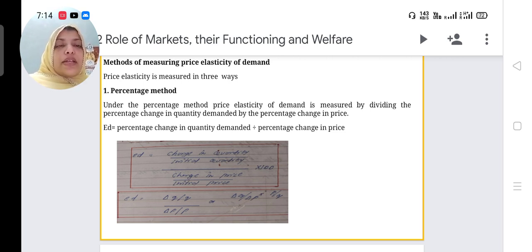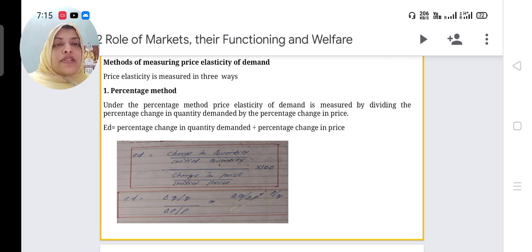That can be written as, you look into this column, ED is equal to change in quantity divided by initial quantity. Initial quantity means the quantity already demanded. Change in quantity means the change in demand. Then the whole divided by change in price over initial price.